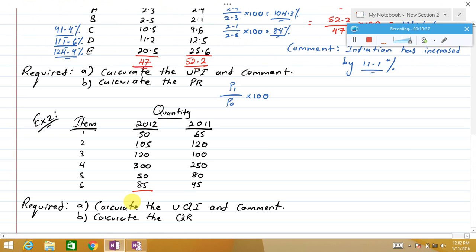Still the same way of calculation, just that the quantity name is different.